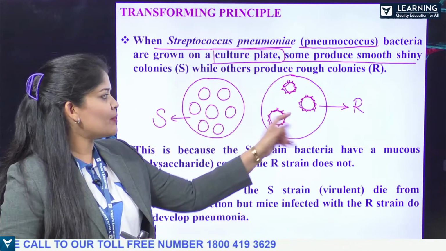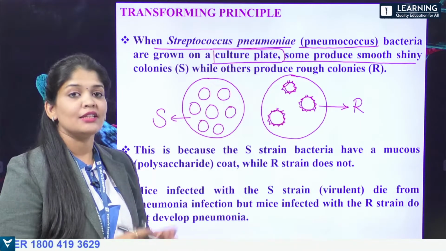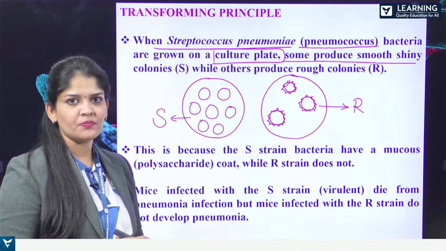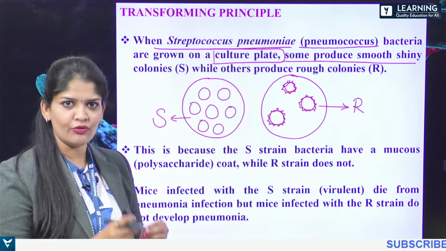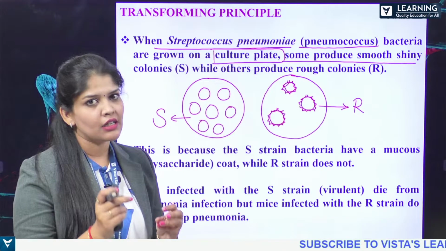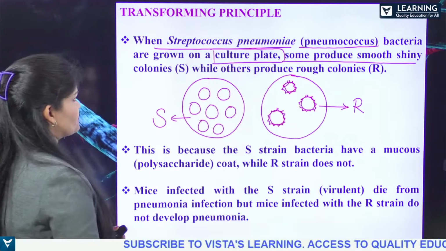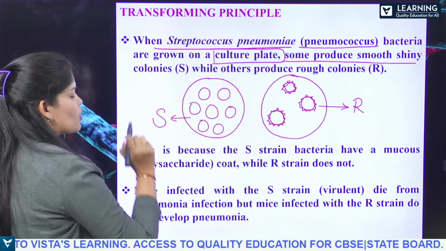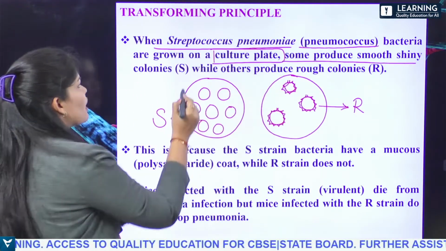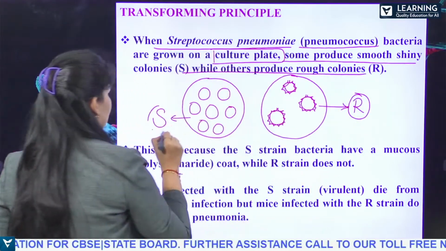Coming to the R strain, they are rough, they don't have the polysaccharide coat, and therefore they can't cause infection or pneumonia in host organisms. So some produce smooth shiny colonies, the S strain, while others produce rough colonies, the R strain.